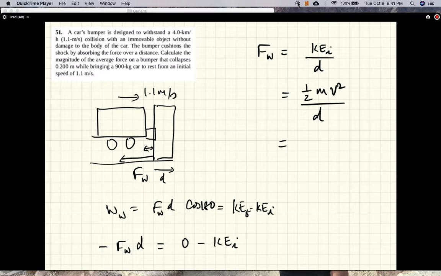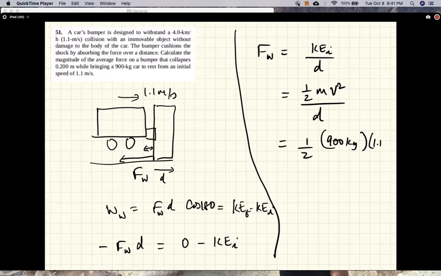So that is equal to 1/2 times the mass of the car, which is 900 kg, times the speed of the car, 1.1 meters per second, squared, divided by 0.2 meters.